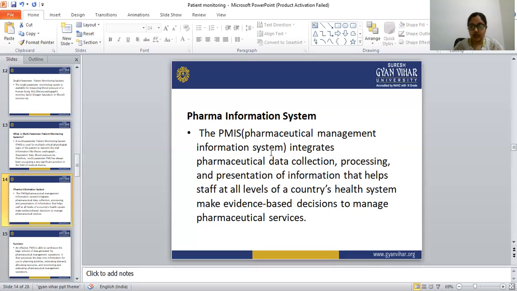Once the prescription order is entered by the pharmacist into the computer, the computer checks all the things, whether there is any drug interaction or any drug-food interaction.